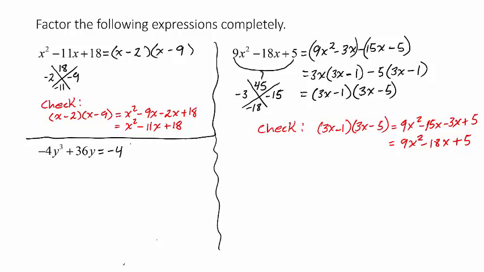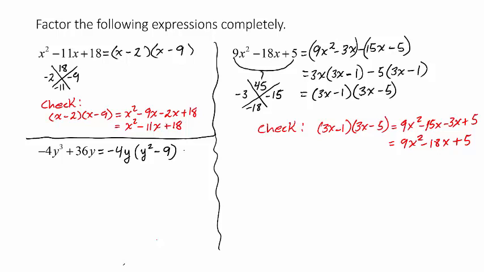So we're going to pull out negative 4. And amongst the variables, we have y cubed and y. So I can pull a y out. Negative 4y times y squared is negative 4y cubed, right? Negative 4y times negative 9 gives positive 36y, right?